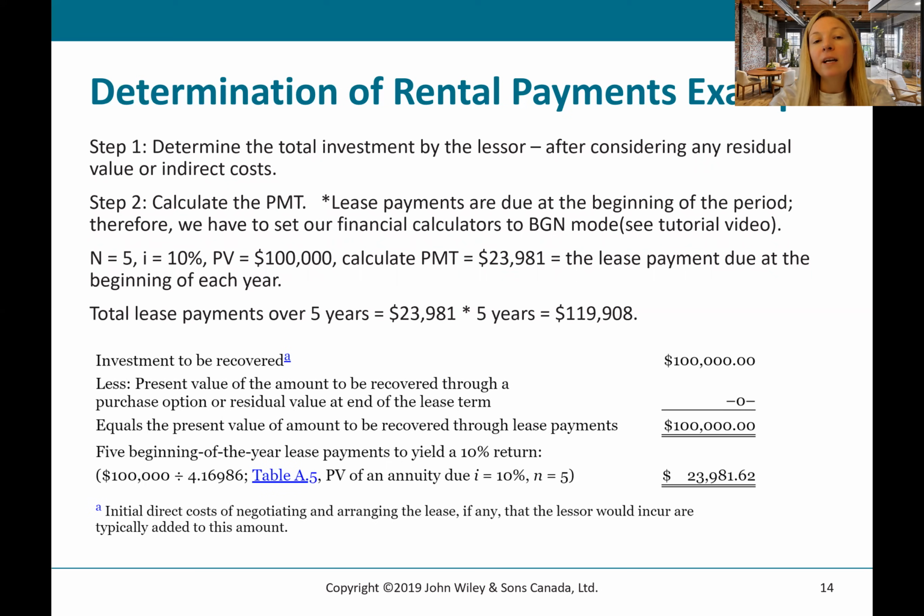You can see I've written there, lease payments are due at the beginning of the period. So we have to set our financial calculators to BGN or begin mode, meaning that it's at the beginning of the period. I'm going to do a quick tutorial video just on how to do that, but it's pretty simple. So we'll walk through that in a minute.